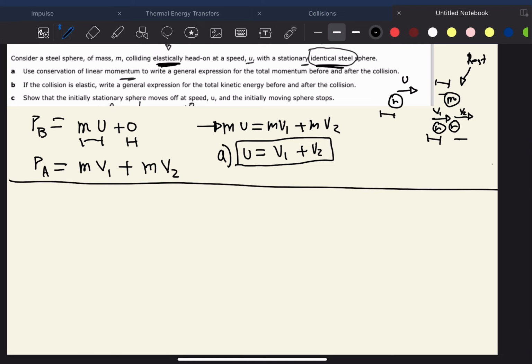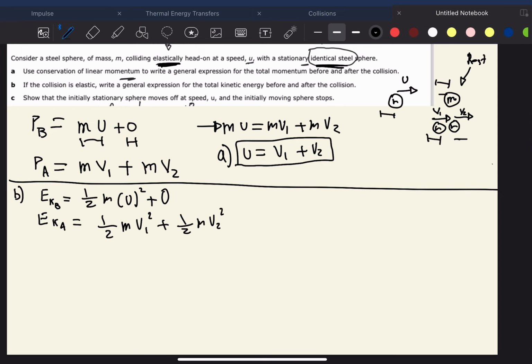Now for letter B, the kinetic energy before is 1/2 of the mass times the velocity squared. The second one doesn't have kinetic energy because it is not moving. And what is the kinetic energy after? 1/2 of the mass times v1 squared plus 1/2 of the mass times v2 squared.